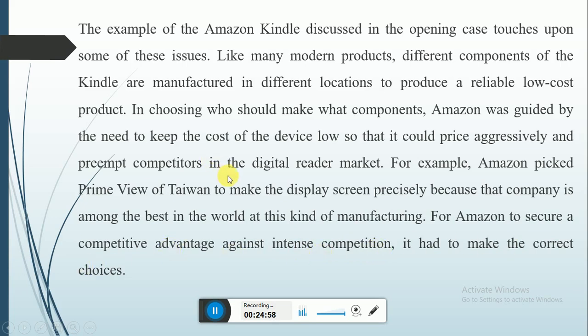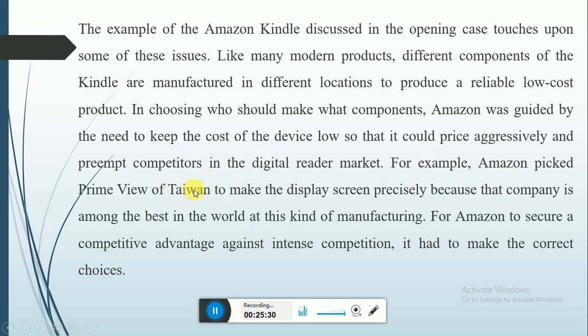So that's why, if you are competing with a very big competitor, with another company, you need to be very, very serious and careful regarding your product. What are the unique features of your product? What is the difference between your product and your competitors'? If they are producing good quality products, you need to find out. That's why Prime View of Taiwan is a very good company to make displays.